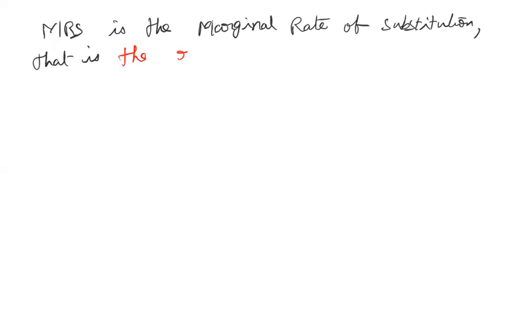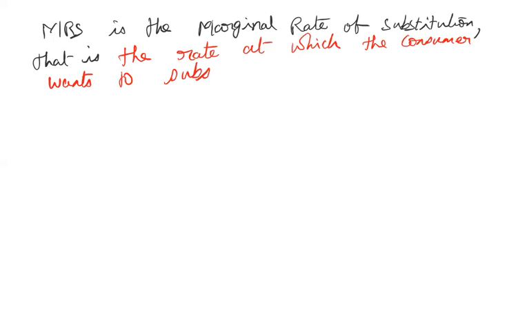that is the rate at which the consumer wants to substitute one good for another. Isn't it? So she's substituting Barbie doll for comic books.